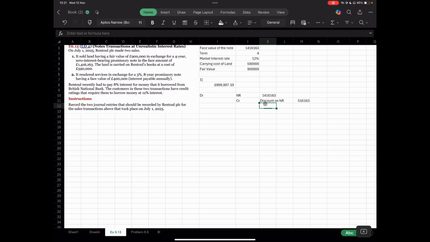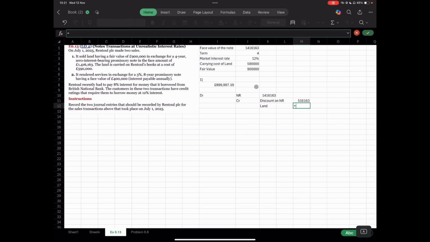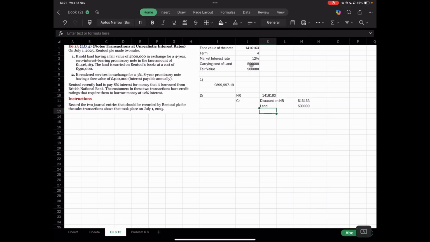Now we write the land, because it's a credit. Now we write the gain on disposal. We calculate gain on disposal by subtracting the cost from the fair value.